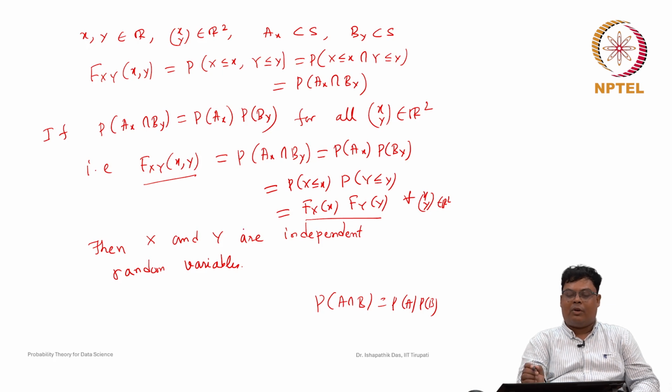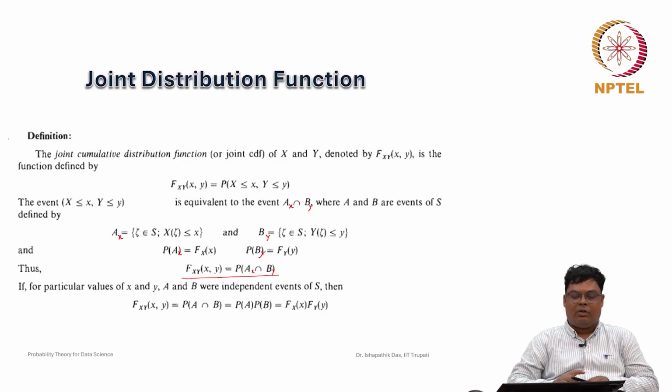If this is true for all (x, y) belonging to R squared, that is, for any real number x and any real number y, then these two random variables X and Y will be called independent random variables. So, that is why this is the definition. If in particular x and y we have independent events, then this is true, but we say independent random variables only when it is true for all x, y.